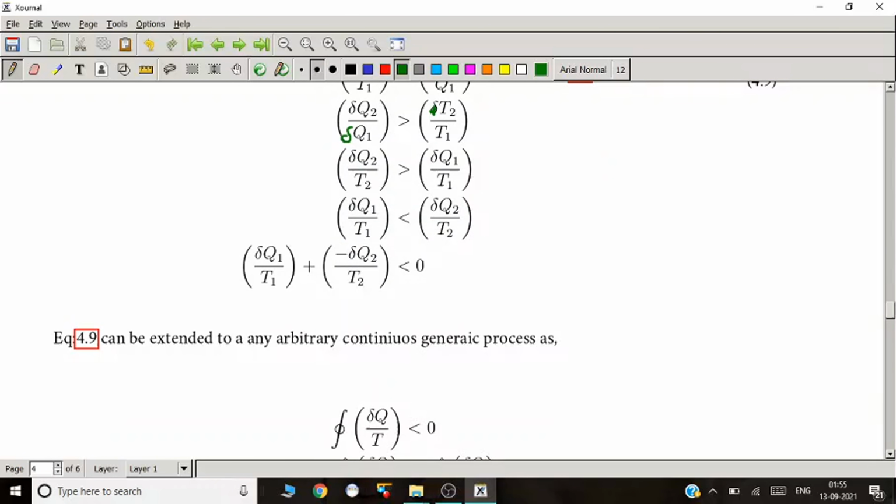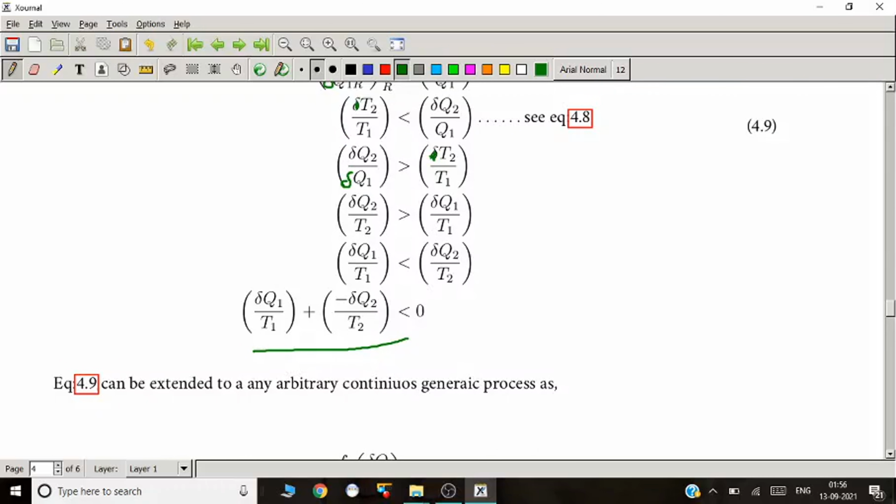Or we get that delta Q1 by T1 minus delta Q2 by T2 is less than 0. This is from the inequality that we have here. The negative sign represents heat rejected.